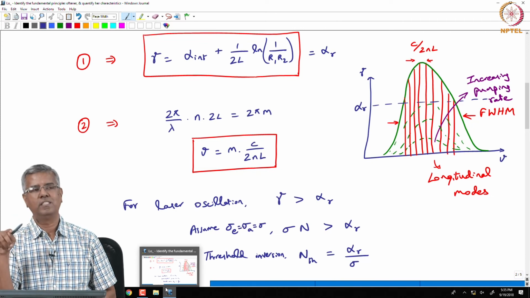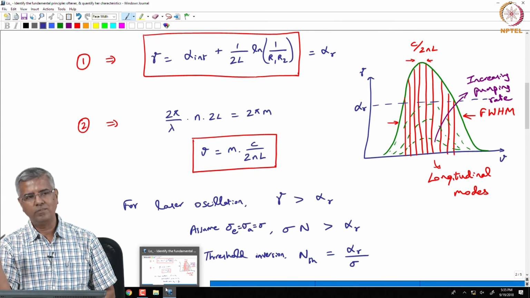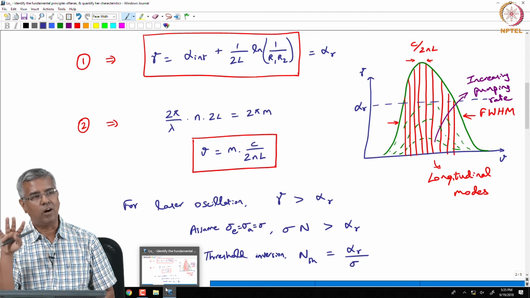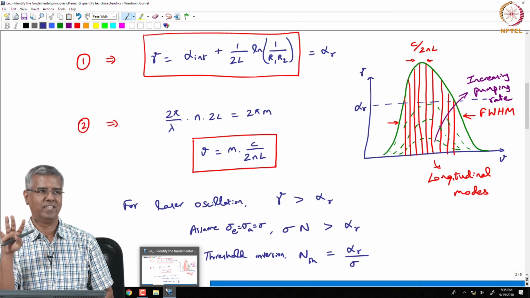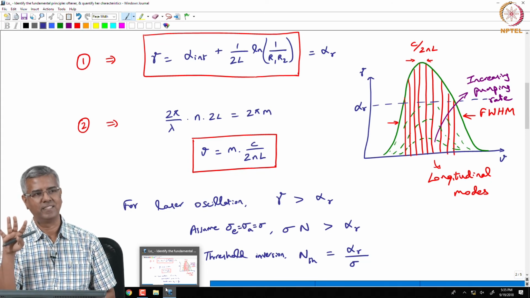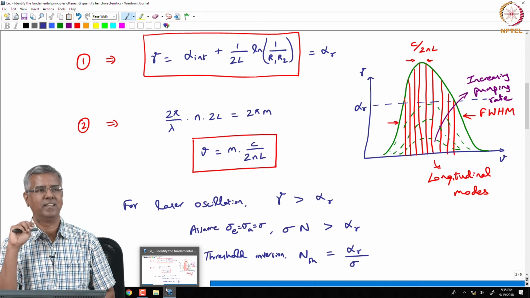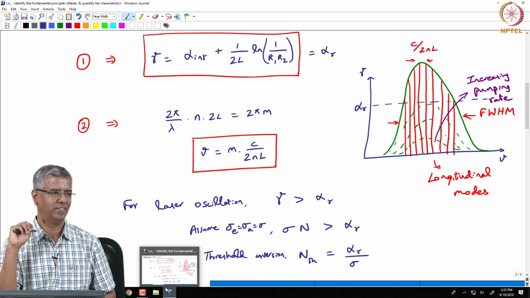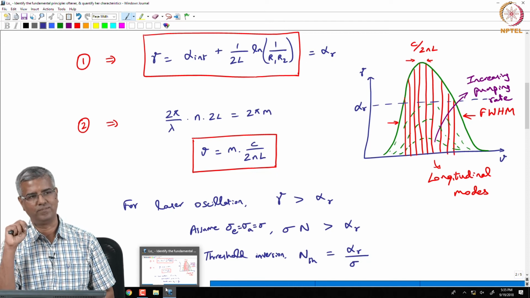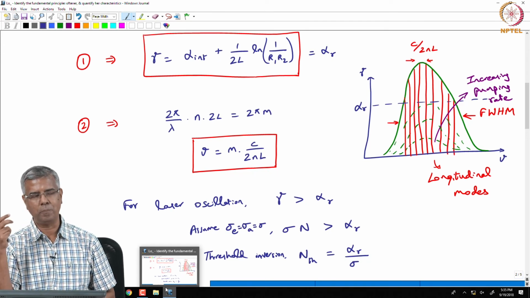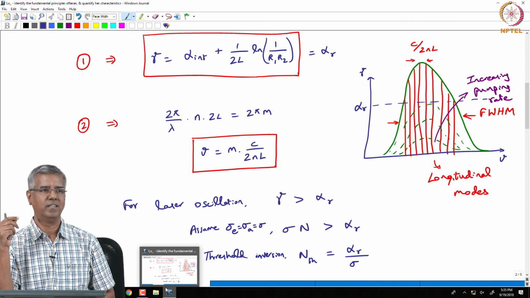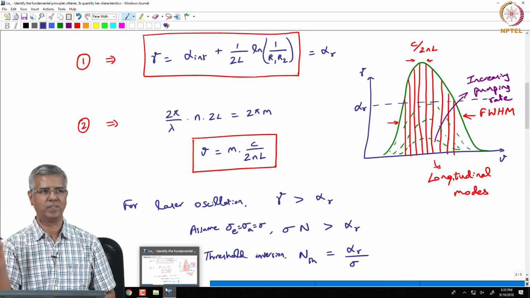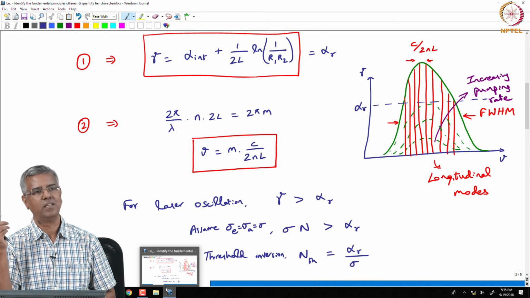You will get pulses if all of these longitudinal modes are locked in phase. If they are all oscillating synchronously, you will get pulses. But when you think about practical lasers, they are operating at some ambient conditions.